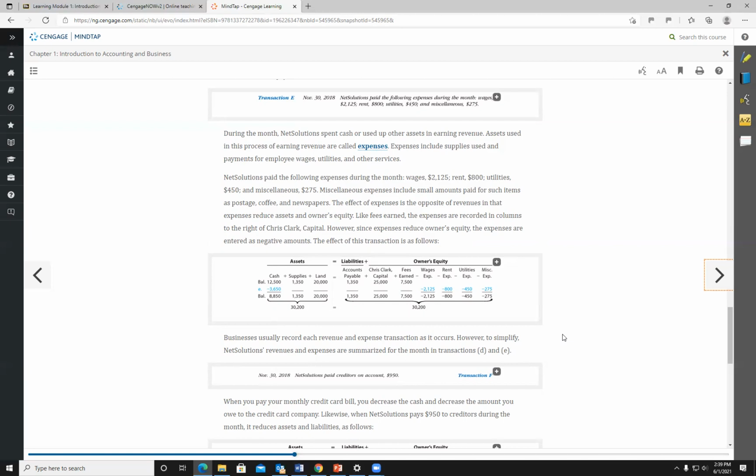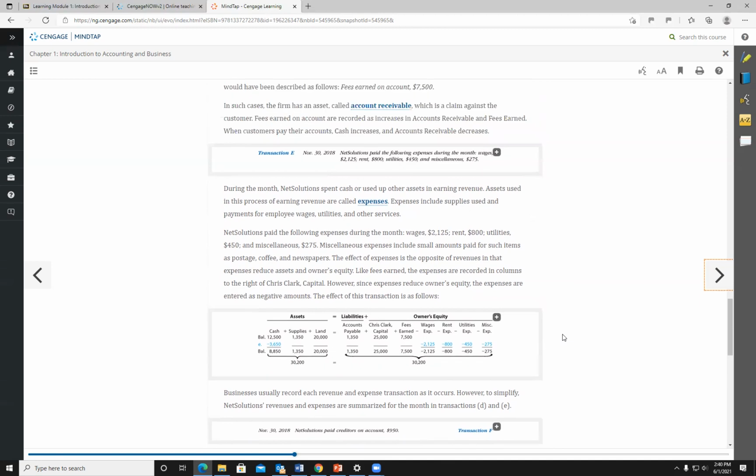Expenses include supplies used, payments for employee wages, utilities, rent, etc. So Net Solutions paid $2,125 in wages, $800 in rent, $450 in utilities, and then they had a few miscellaneous expenses that added up to $275. So how does this affect the accounting equation?